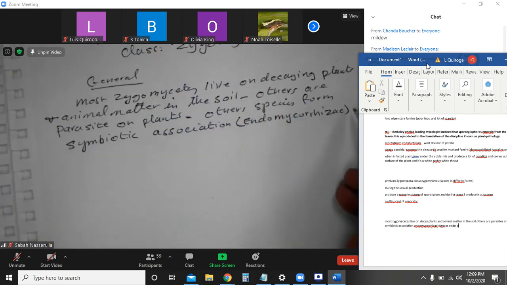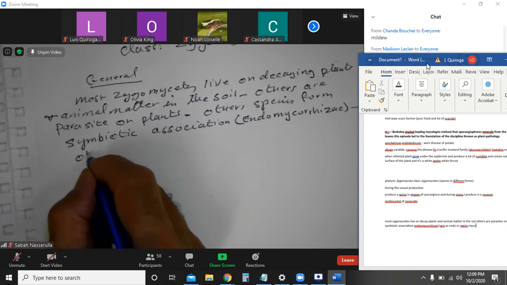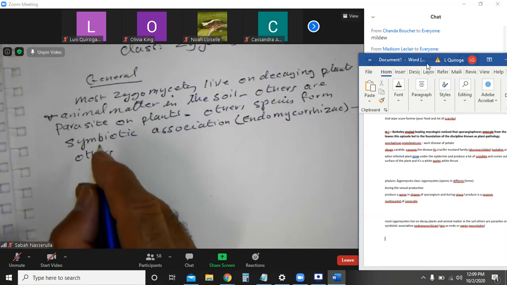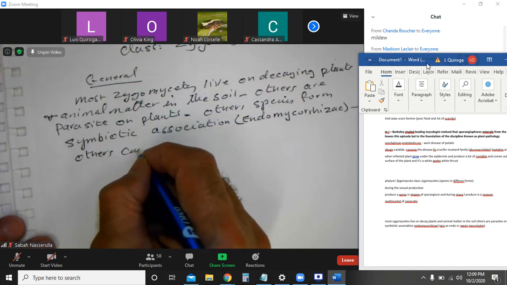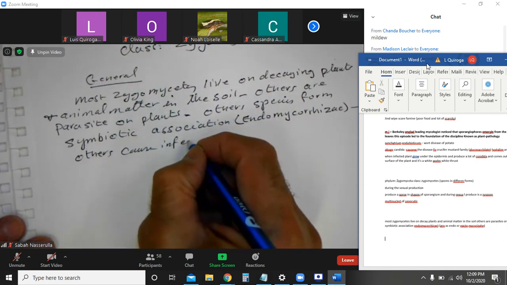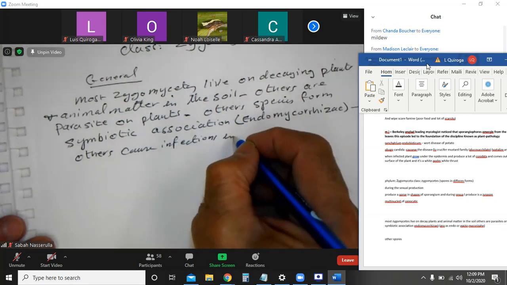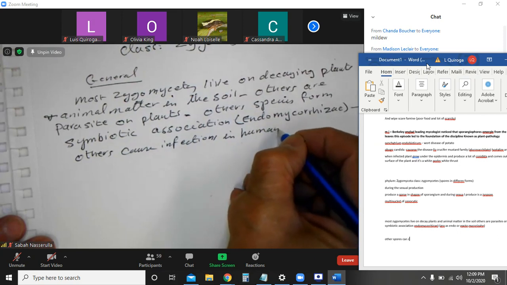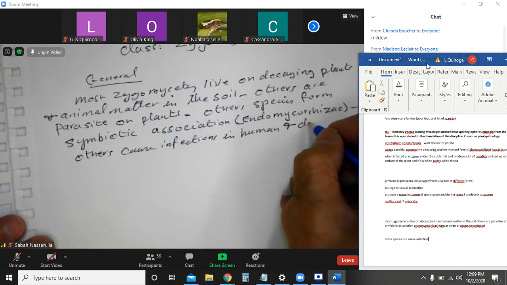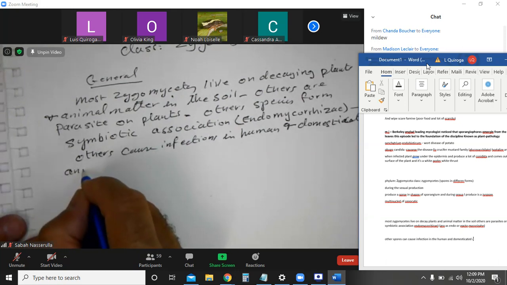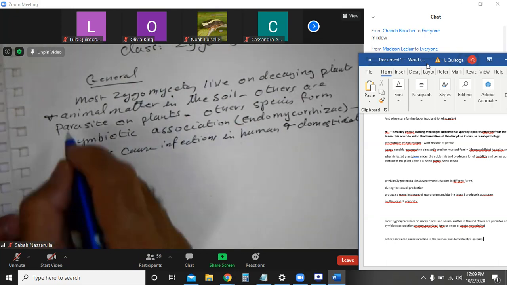So some of the species form endomycorrhizae, and there are also some zygomycetes that could be pathogenic. Others cause infection in humans and domesticated animals.